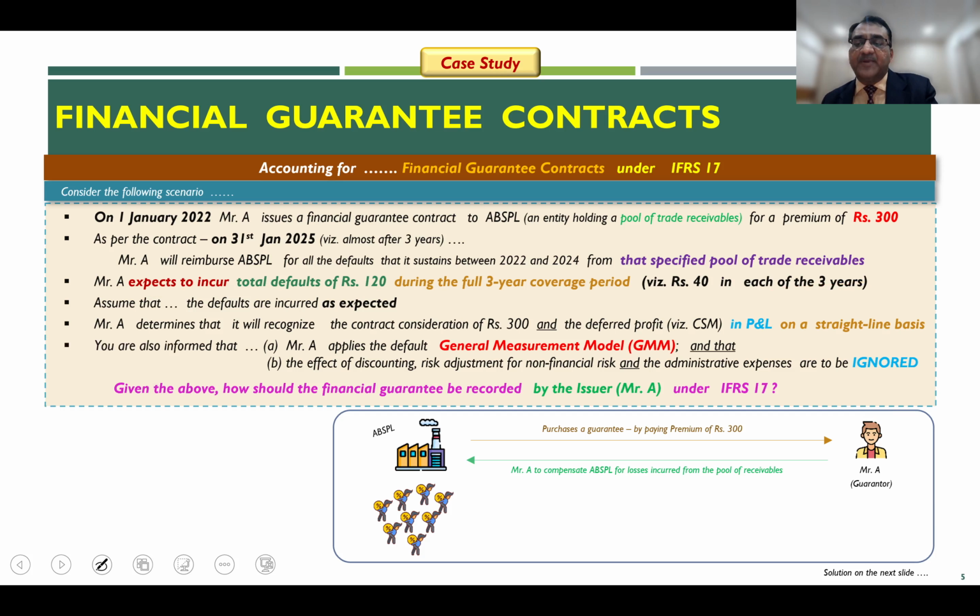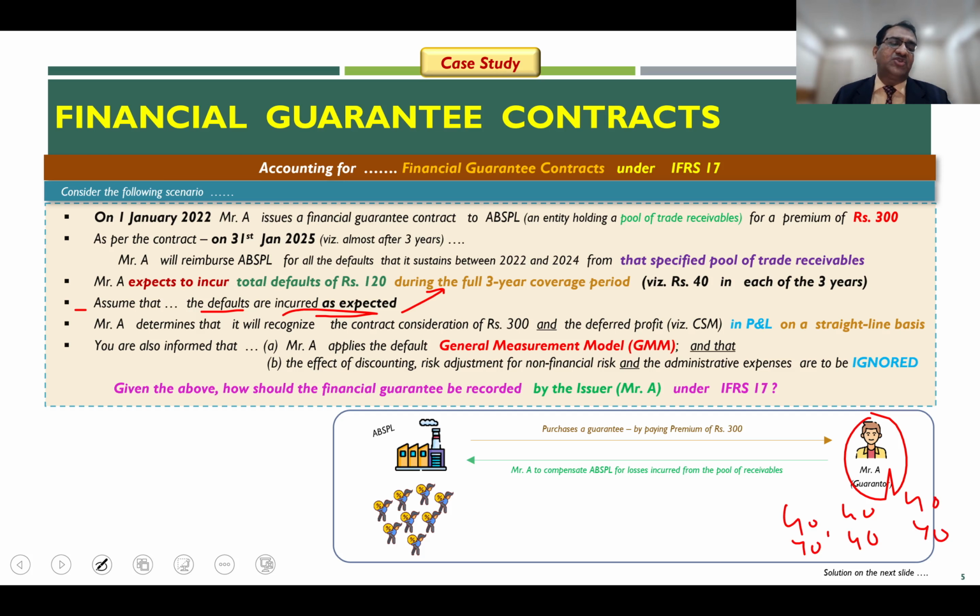Assume, for simplicity, that this expectation holds good and all the defaults were as per the expectations of Mr. A. That means your estimate of the losses as well as the actual losses were exactly the same. So 40, 40, 40 was the expectation and the actual losses were also the same.